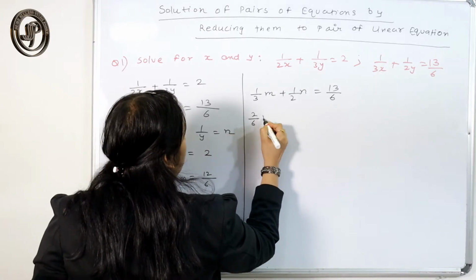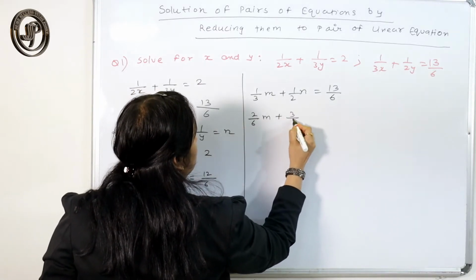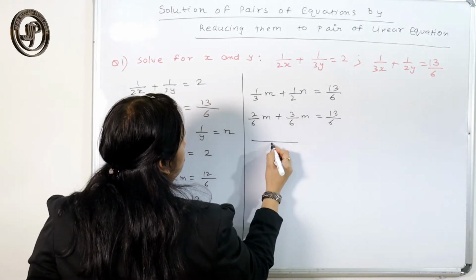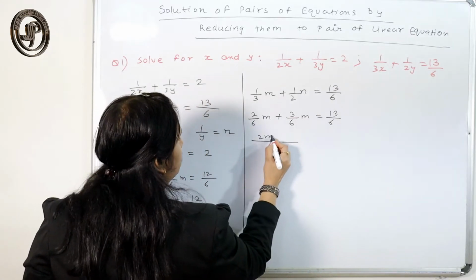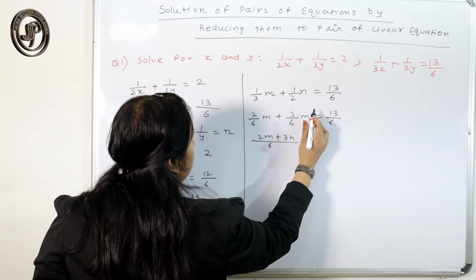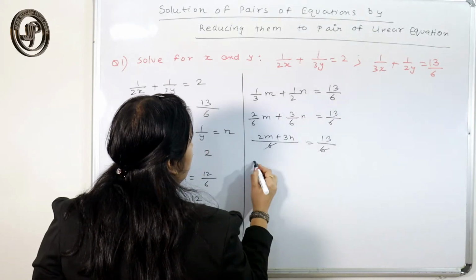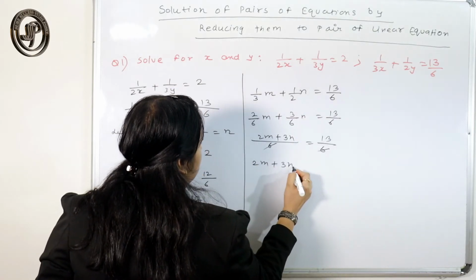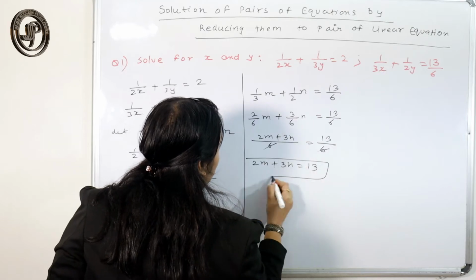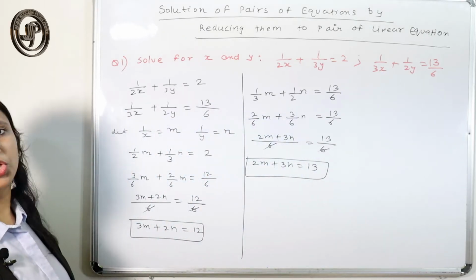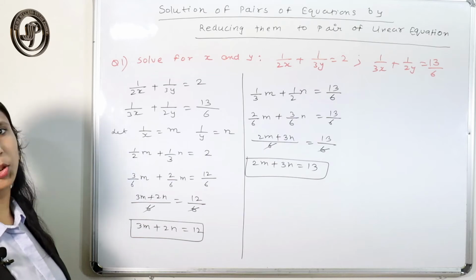I am going to multiply this by 2, this by 3, and here it is 6 only. So, with LCM 6, 2m plus 3n is equal to 13 by 6. So, it is 2m plus 3n is equal to 13. Now, you can solve these two equations by any of the methods that you know.